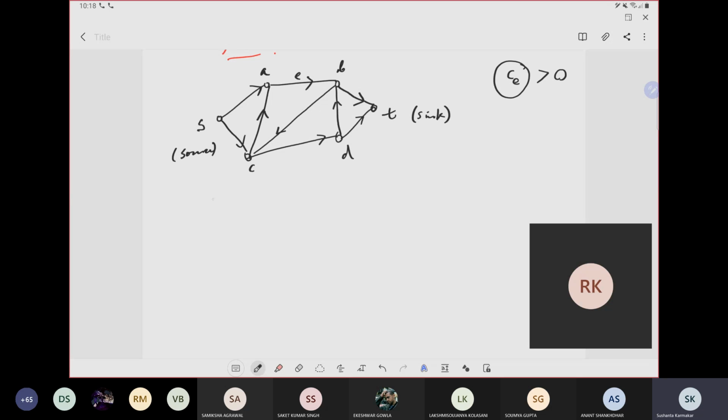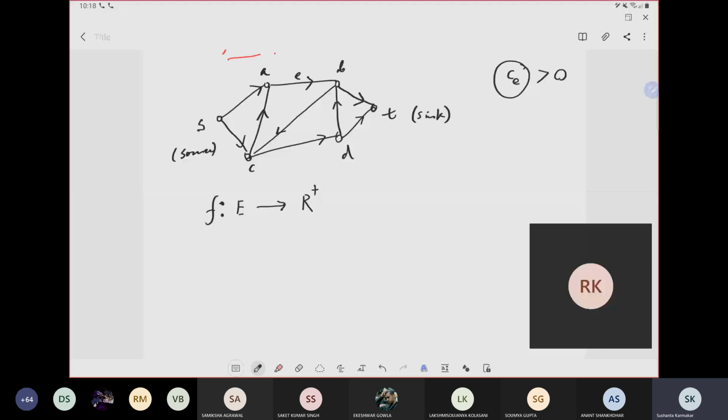The initial assignment is that there is a function f. I want to assign every edge to some R plus. What is R plus? Some real number.